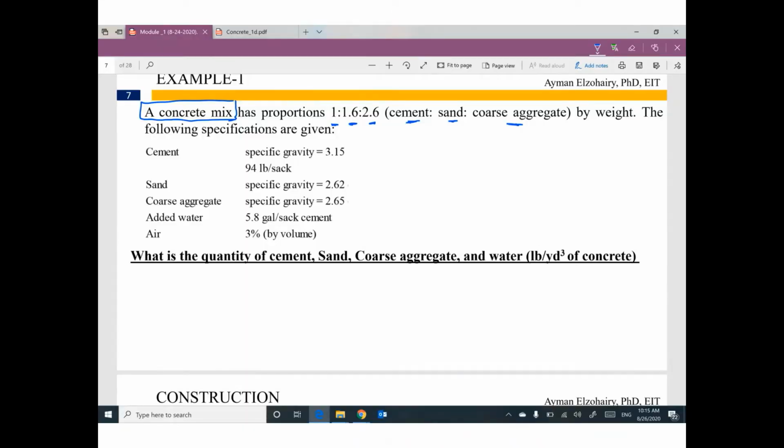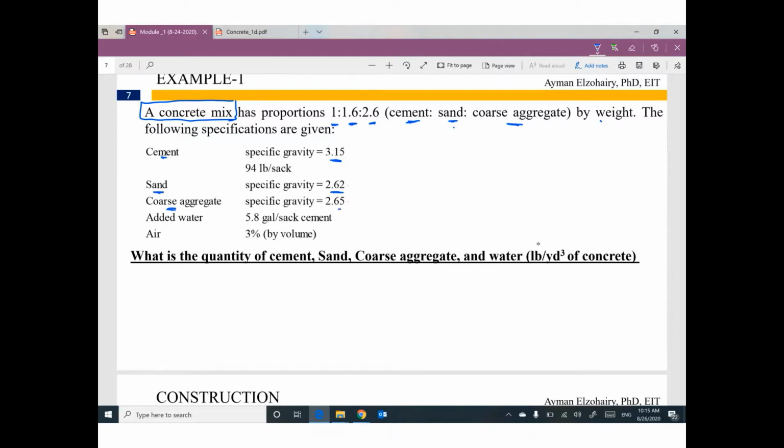By weight, this ratio is 1 to 1.6 to 2.6, cement to sand to coarse aggregate. And also the specific gravity for cement is given. Specific gravity for sand is given. Specific gravity for coarse aggregate, which is gravel or stone, is given.